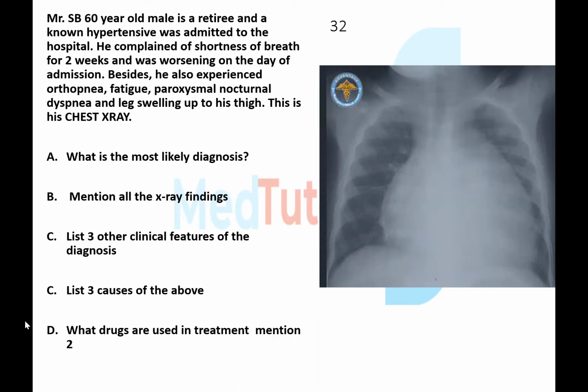Start with inspection. The patient will be short of breath. Yeah, so you say the patient is dyspneic. So how about when you palpate? Start with the pulse. What would the pulse be?